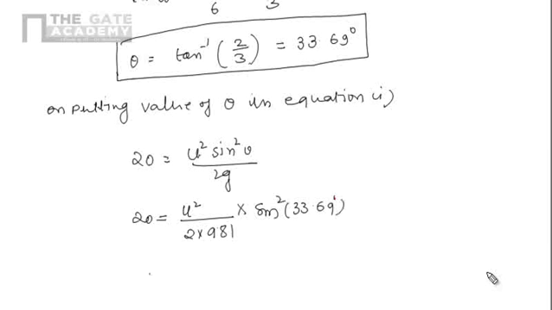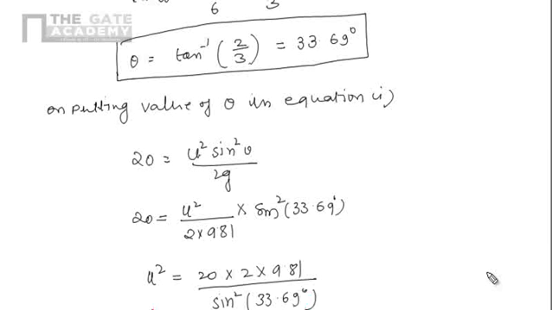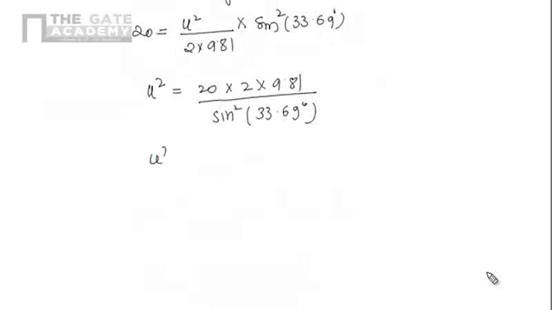If we solve this, we get u square equals 20 into 2 into 9.81 divided by sine square of 33.69 degree. So we get u square equals 1274, so u will be square root of 1274.